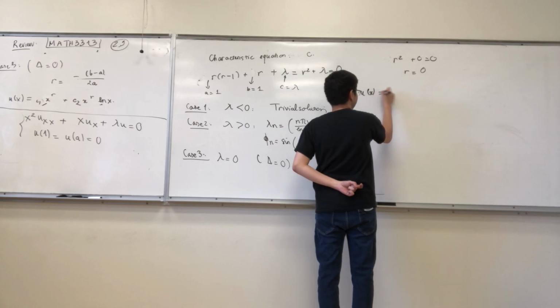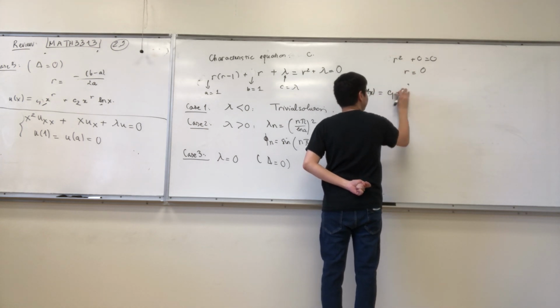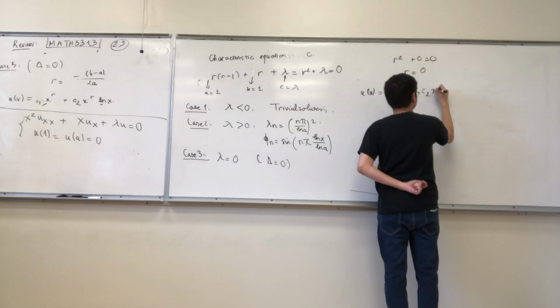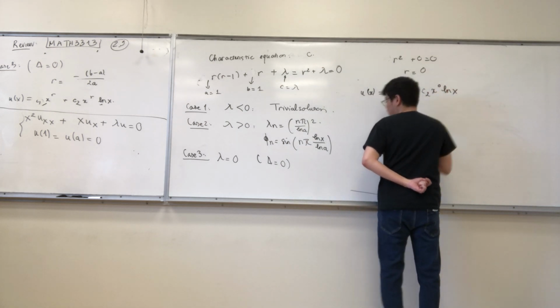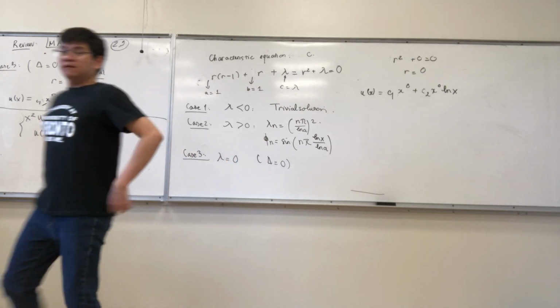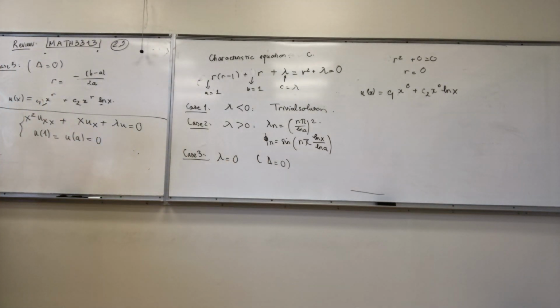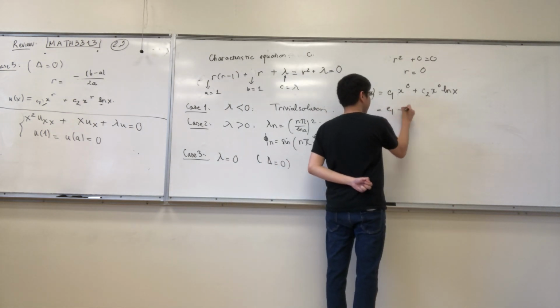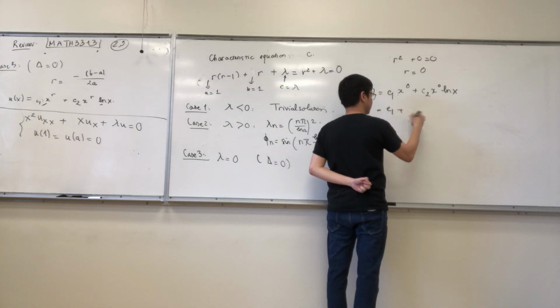u(x) will be c1 x to the 0 plus c2 x to the 0 log x. All right? It's clear? So this gives me c1 plus c2 log x.